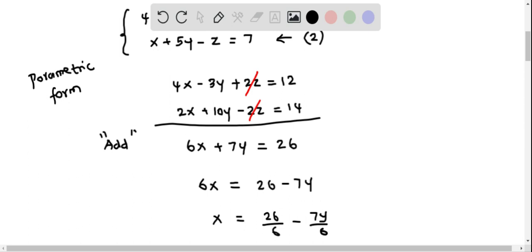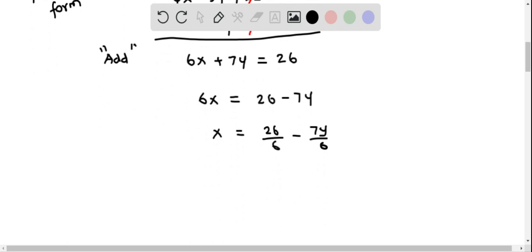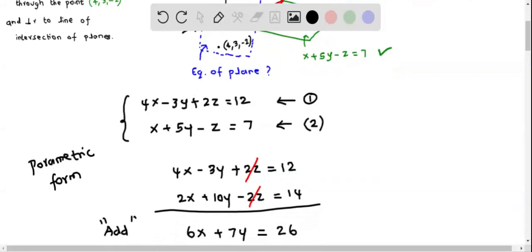Now I let y equal t so that we can form the parametric equations of the line. And I'm going to substitute y equals t into this x. So I get x equals 26 over 6 minus 7t over 6. Now let's substitute this x into any one of the equations. I'm going to substitute in equation 2, since it seems simple compared to equation 1.